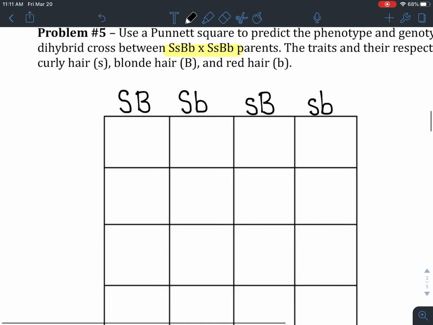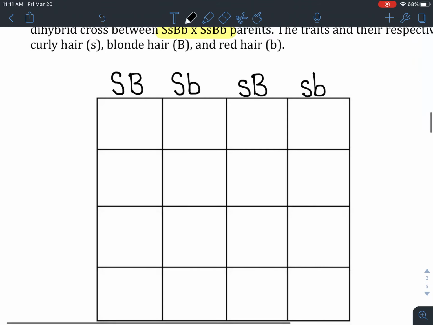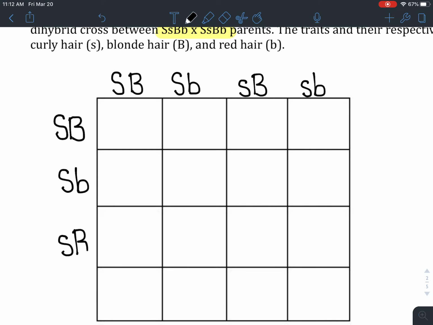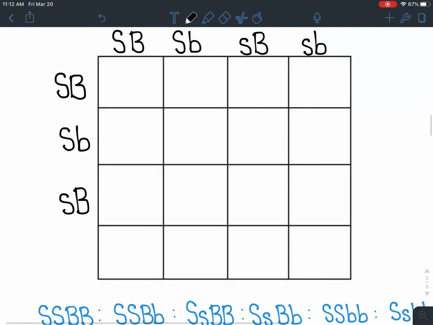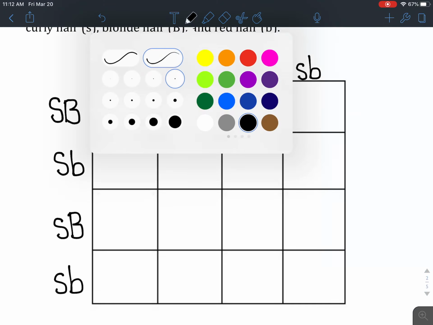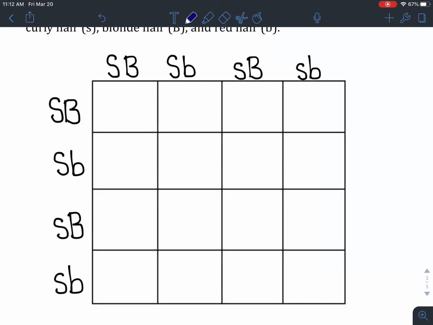Now, since the dad has the exact same genetic makeup as the mother, he will also be equally likely to pass on those characteristics. So again, he could pass on straight blonde hair, straight red hair, curly blonde hair, or curly red hair. So we're going to complete the rest of this.